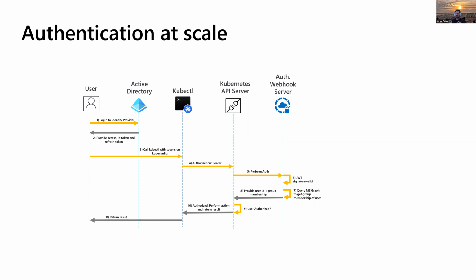Kubernetes provides you with all these fantastic plugs and knobs to integrate with existing directories, and it could be, as in the picture, Active Directory, but it could be with DEX, it could be with effectively anything that you use for your user management, and you could integrate it directly via the OIDC parameters, or you could have your own custom authentication webhook server, something like GAR, for example, and you can leverage all of these different mechanisms.